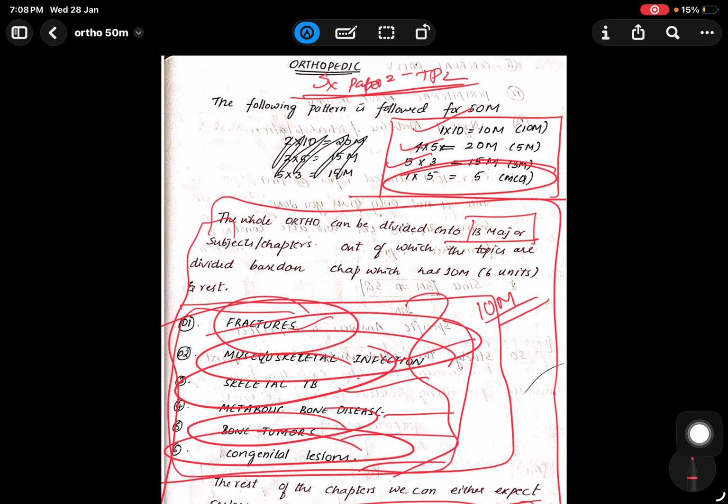So you should keep that in mind, so that even in the worst outcome of paper 2, you should be able to fetch those marks in the orthopedics paper, so that you can maintain the balance of the overall surgery paper. Correct. So study these topics first. MCQ, obviously it's on the day of the exam, there's nothing there, but make sure for 10 markers you study all these things.